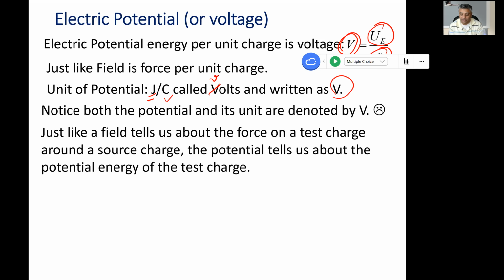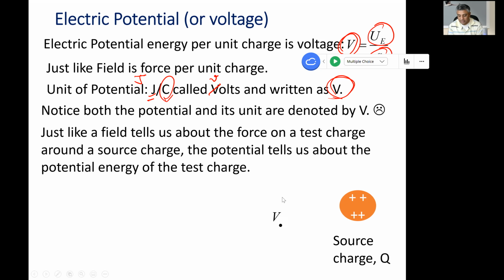But when we just write V for a volt, just like joule, uppercase J, coulomb, uppercase C, we do the same thing for volts. And we denote potential by V as well, so uppercase V. So it could be confusing. As long as we can keep track of things, we should be fine, okay?